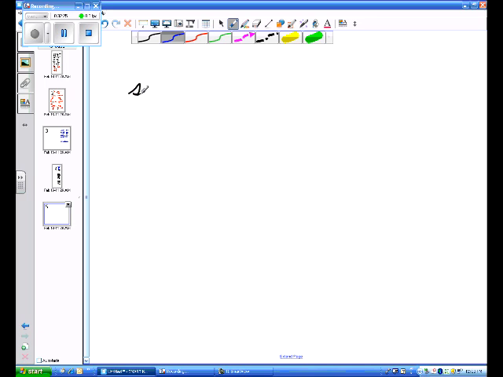So let's look at, we want the sine of what angle is negative square root of 3 over 2, and we're going to be in quadrant 3. Now, first of all, you think reference angle. The sine of what angle is square root of 3 over 2? Well, that's 30 degrees. Those are the ones you're supposed to have memorized.